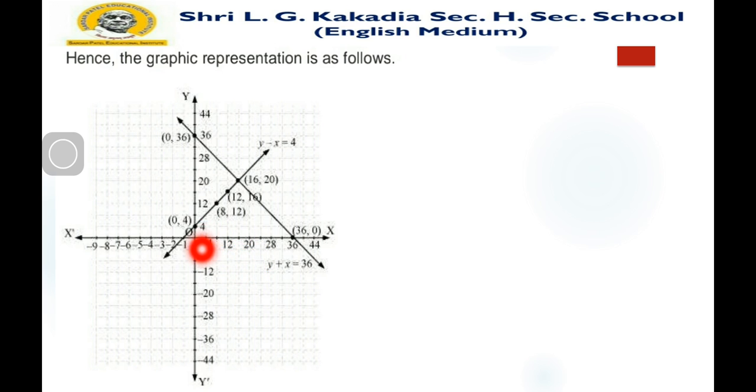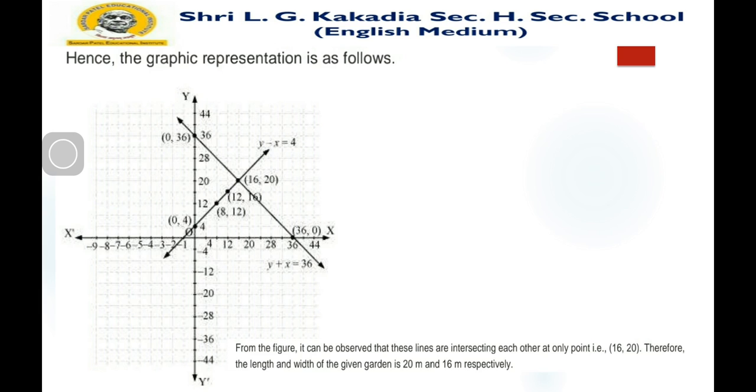The distance between 2 points is 4 here. 4, 8, 12, then 20. In this way we take values on both sides, and if we draw lines through the points, we get the intersecting point of both lines as 16, 20.